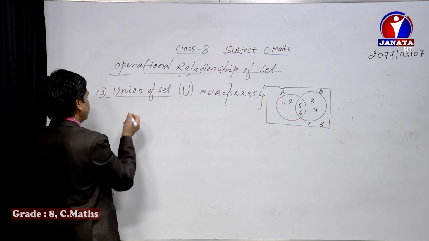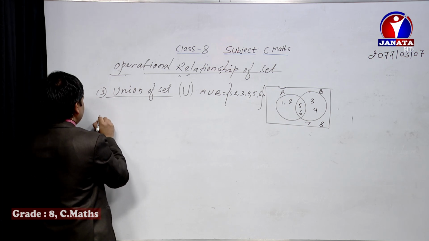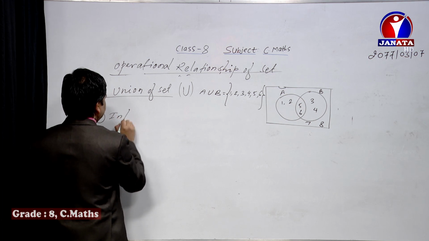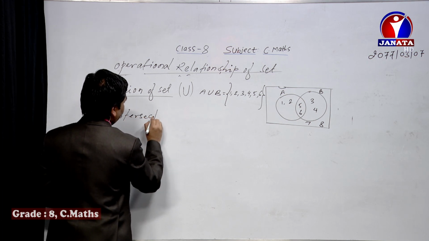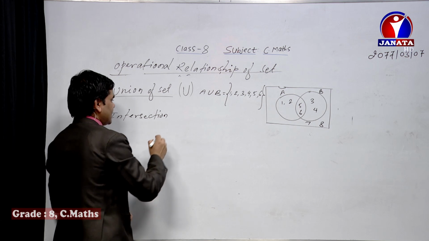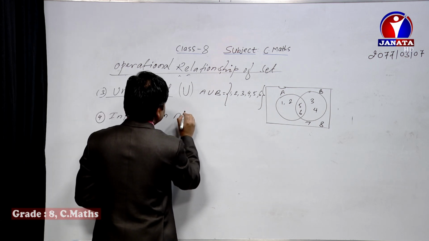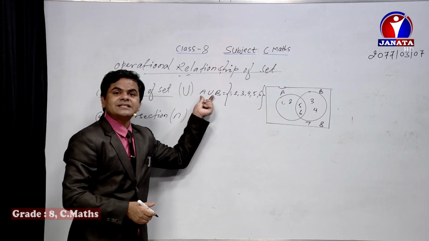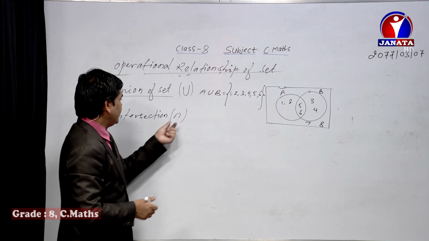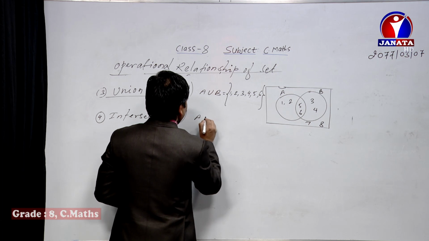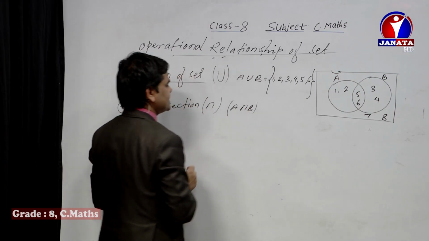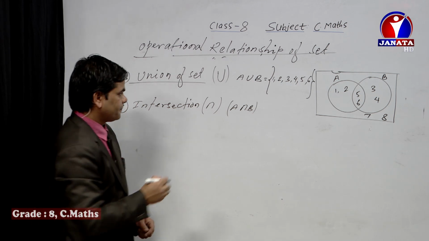Now another one is there, dear friends. If you mention, then intersection of set. Intersection means you have already learned about this even in class 7 and 6. So intersection is denoted by this sign. This is also known as, dear students, either A or B. And this is known as both, who like both. In upper classes, we denote as who like both.